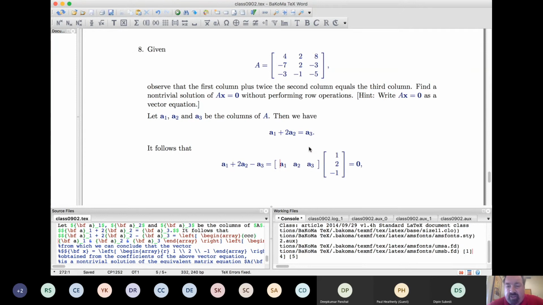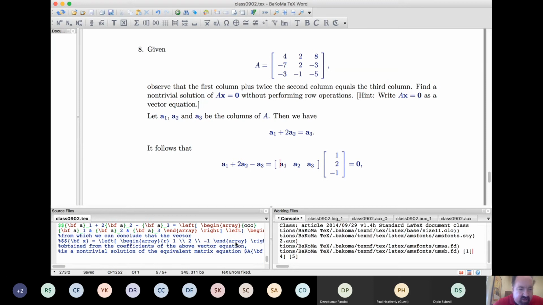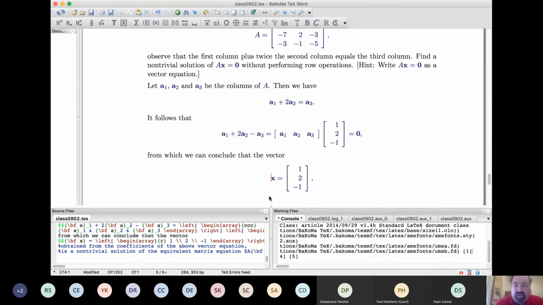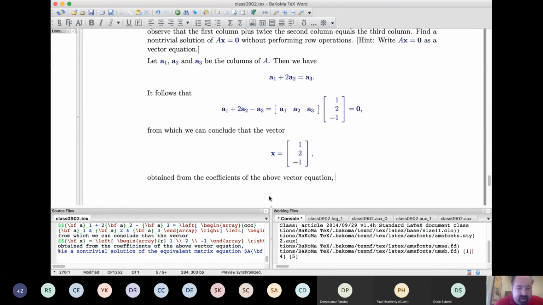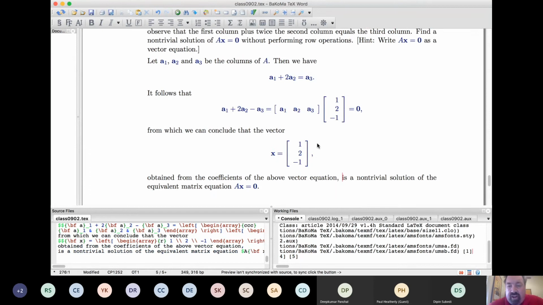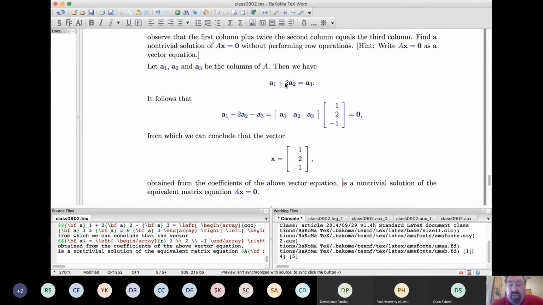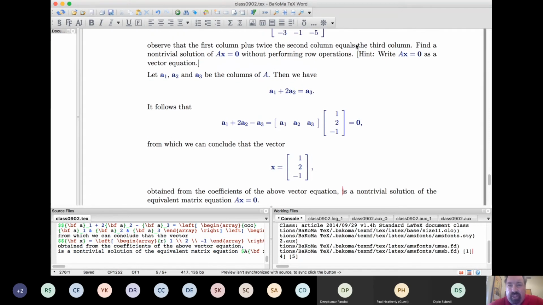So here we have matrix times vector equals 0. So that vector is a non-trivial solution. From whatever relationship is given, you write it as a vector equation, and then just rearrange to have 0 on the right side. Whatever the coefficients of your vectors are, that's your non-trivial solution.